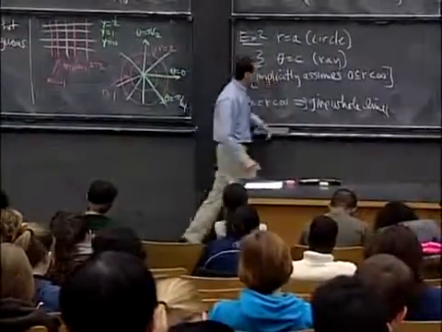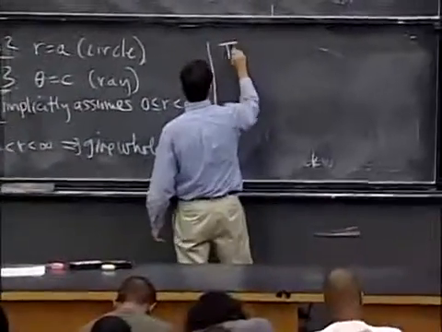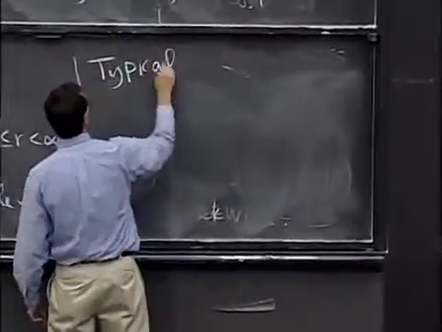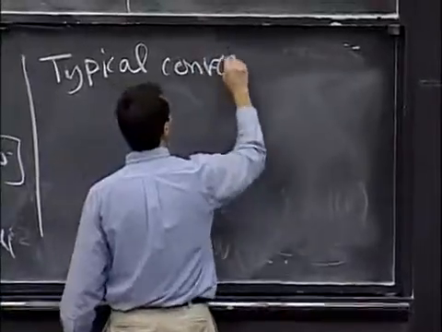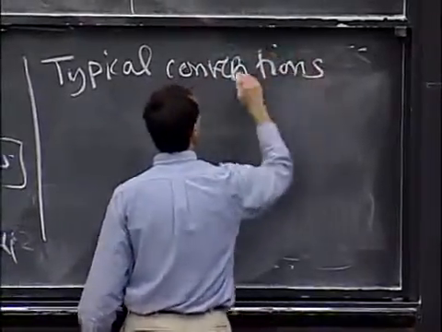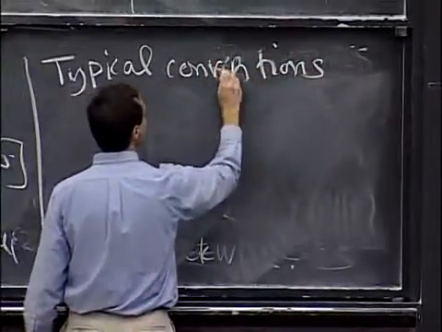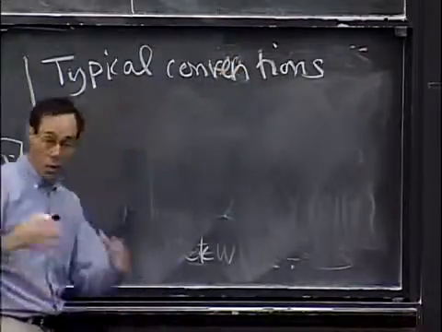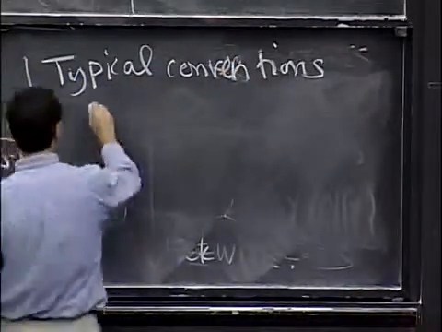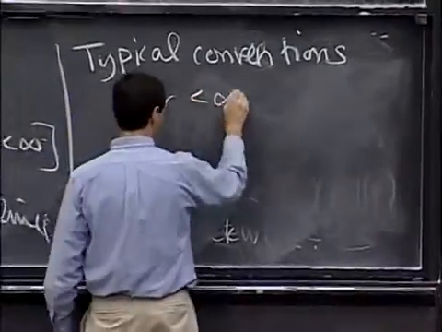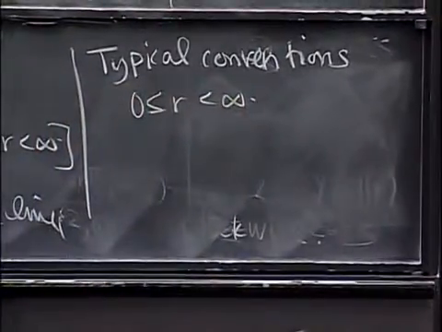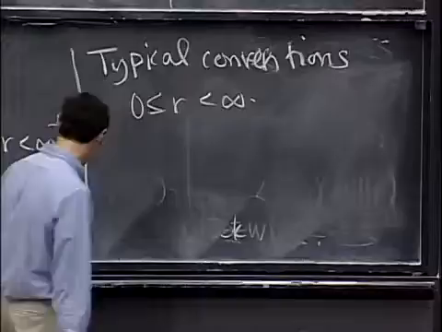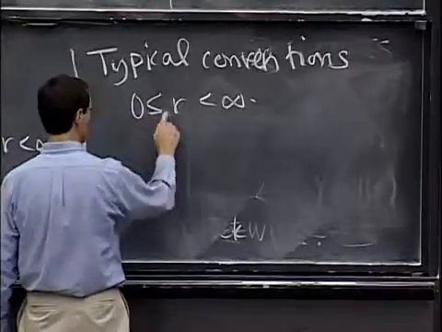So the typical convention, so here are the typical conventions. And you will see people assume this without even telling you, so you need to watch out for it. The typical conventions are certainly this one, which is a nice thing to do pretty much all the time, although not all the time, most of the time.